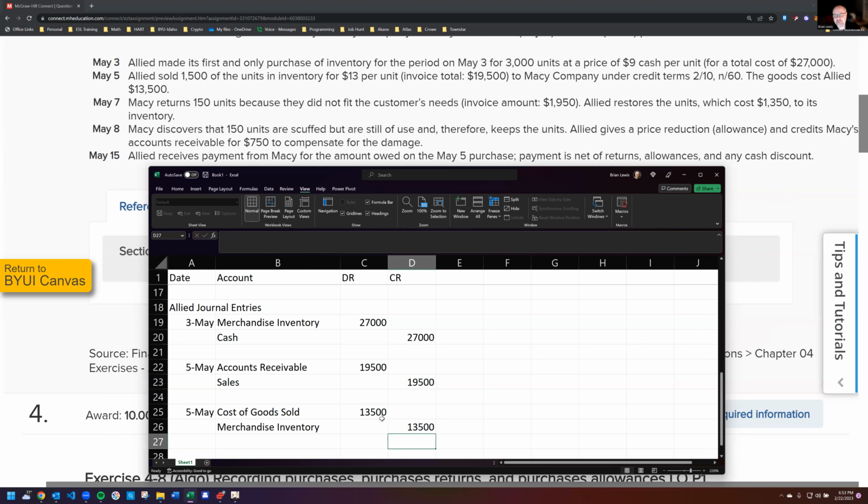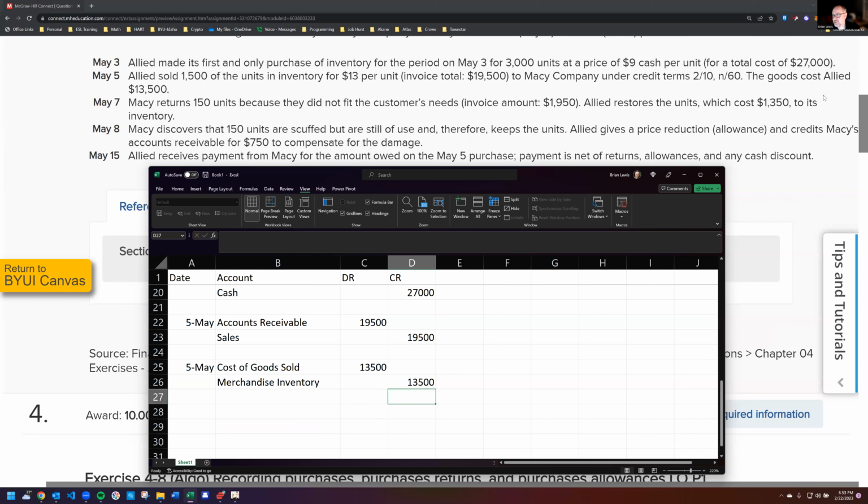So good deal. If they didn't give you the number, you'd have to go back and figure out what their cost was in order to figure this component out. Just like this one, the sales would be the 1,500 times $13 per unit, which should be the 19,500.